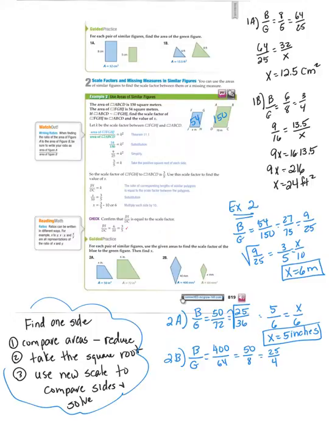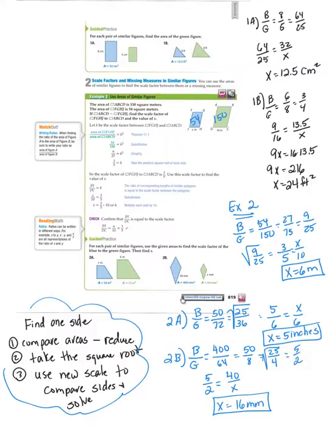So my reduced scale factor for the areas is 25/4. So I'm going to take the square root of that. So 5/2 is the scale factor that I need to compare the sides. So 5 is to 2 as 40 is to x. So that means that my x is going to be 16 millimeters.